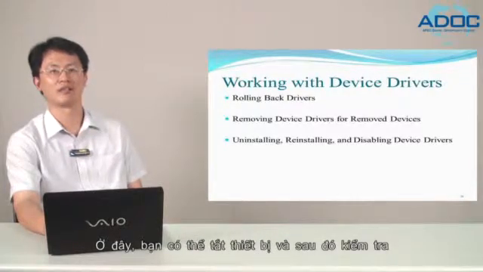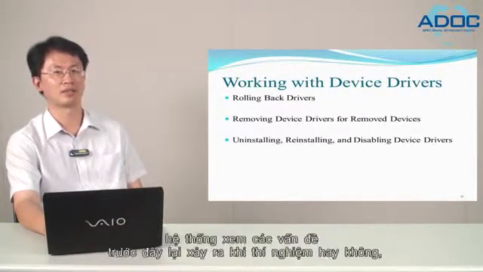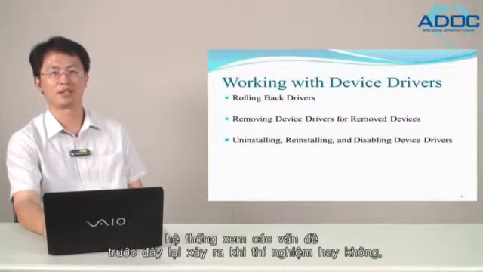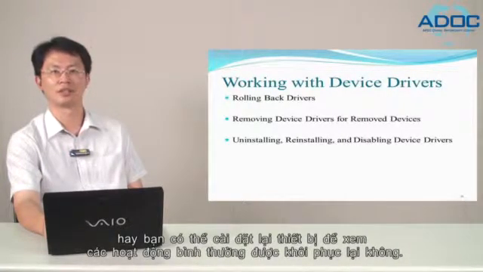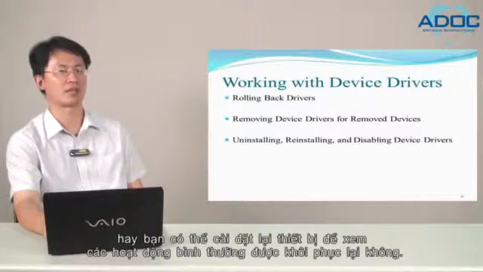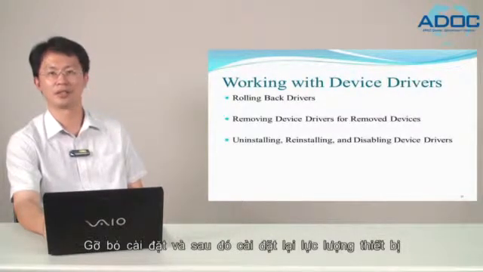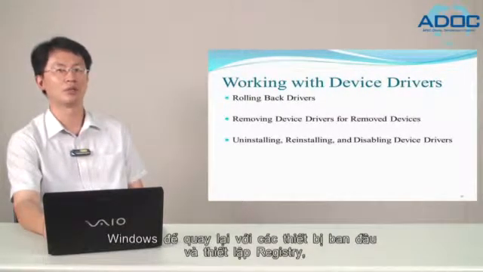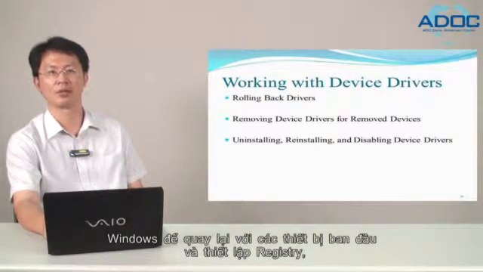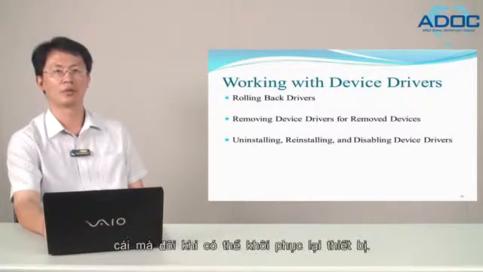Here you can disable the device and then monitor the system to see whether problems previously experienced reoccur. Or you can reinstall the device to see whether normal operations are restored. Uninstalling and then reinstalling the device forces Windows to go back to the original device and registry settings, which can sometimes recover the device.